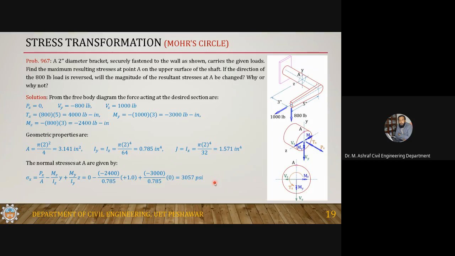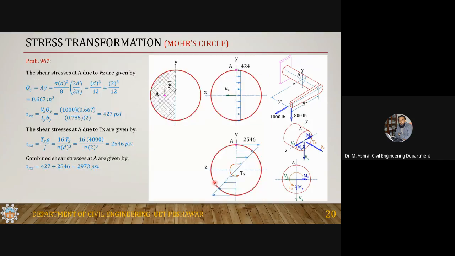So the normal stress at point A is equal to 3057. Now, for the shear stress, this Vy is causing no stress at point A. Why?